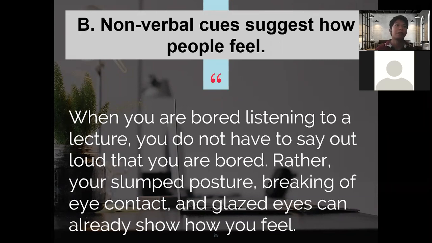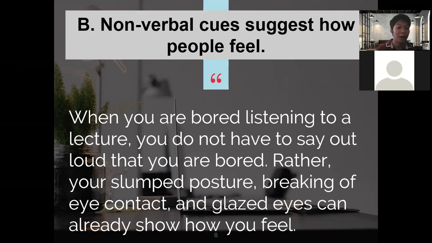Like for example, if your shoulder is in a slump position, you are probably tired. If your teacher is asking you a question about an incident and you are involved in that incident, and you can look directly into the eyes of your teacher, it may mean something. When you try to avoid looking at him or her directly, that may mean something as well.